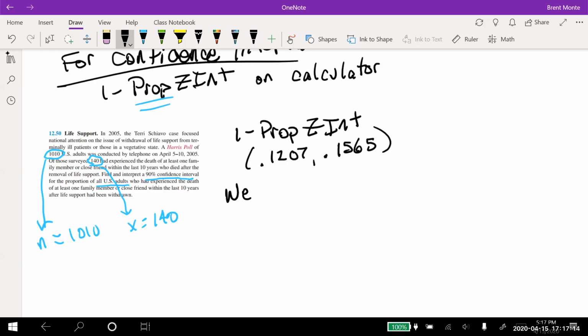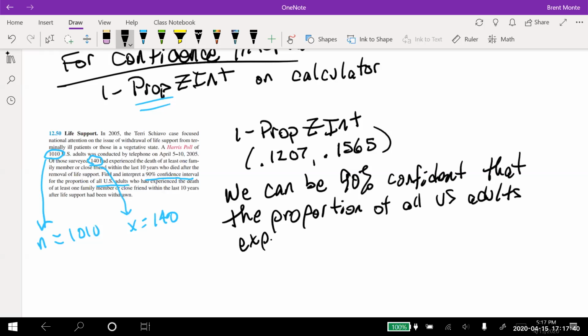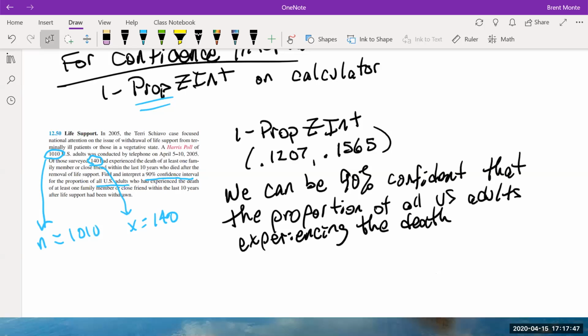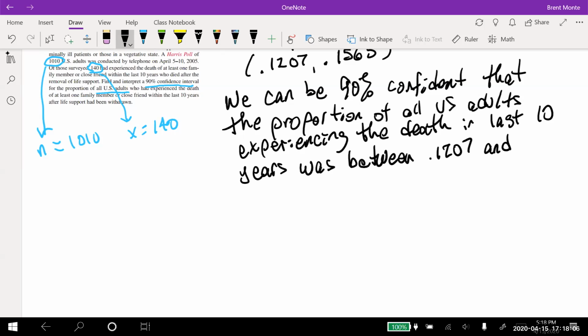We can be 90% confident that the proportion of all US adults who experienced the death, I'm not going to write the whole thing, in the last 10 years, was between 0.1207 and 0.1565.